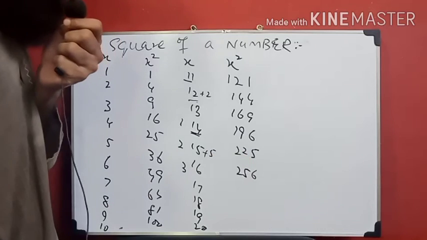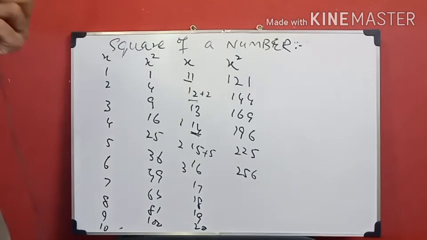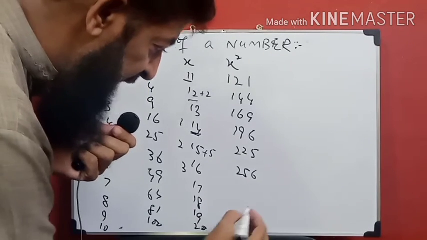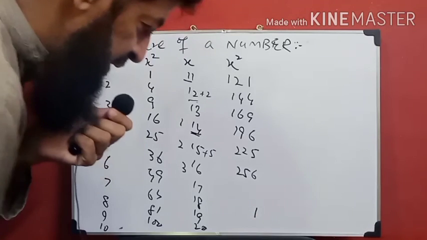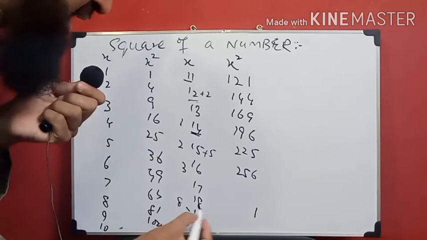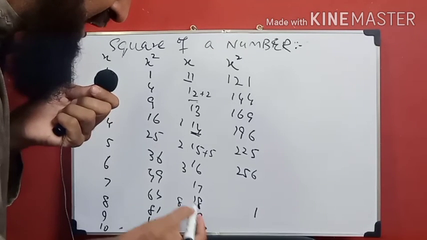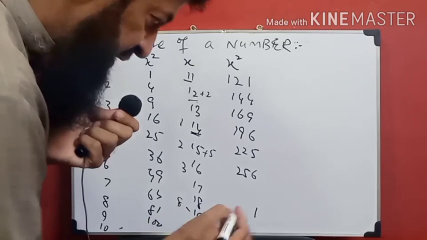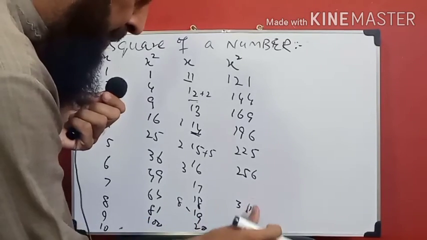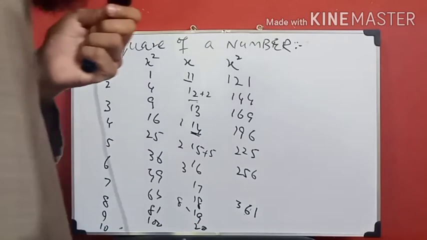That means 256. Okay, now 17 and 18 I left for you, and for 19, 9 9s are 81. We write 1 and remainder is 8. 19 plus 9 is 28. 28 plus 8 is 36. We write it as 361.